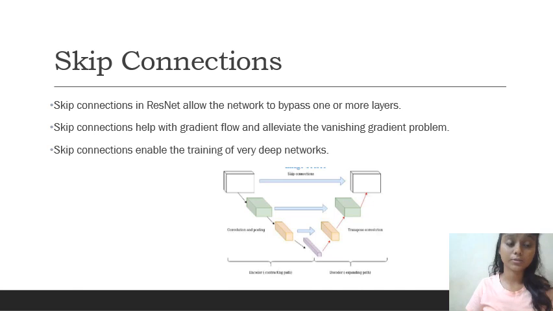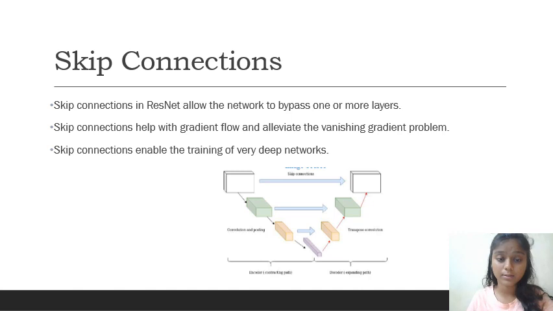Skip connections. Skip connections in ResNet allow the network to bypass one or more layers. Skip connections help with gradient flow and alleviate the vanishing gradient problem. Skip connections enable the training of very deep neural networks.